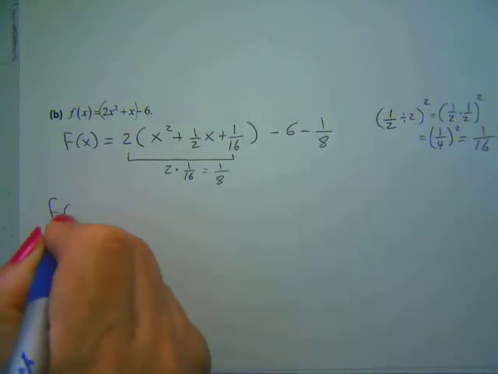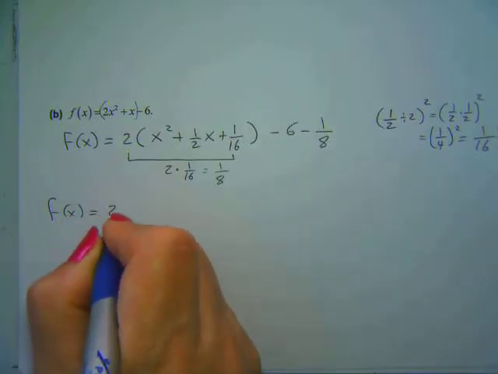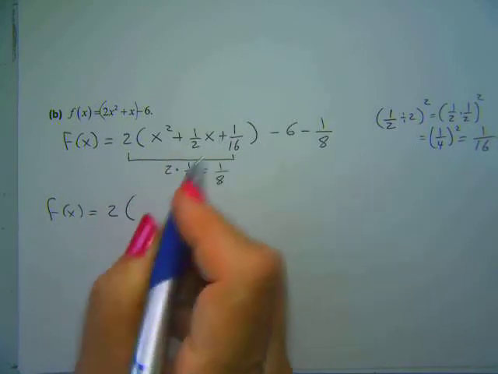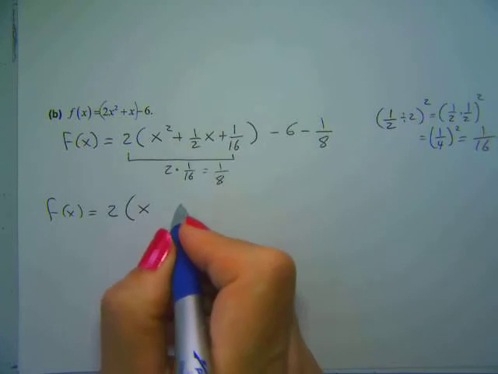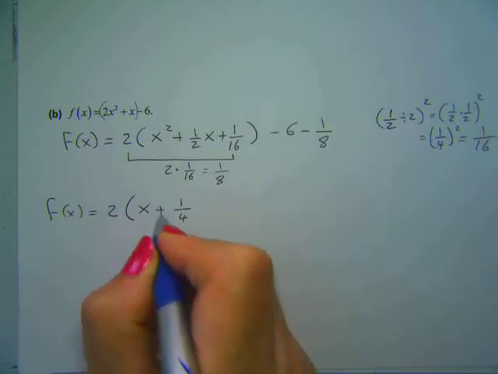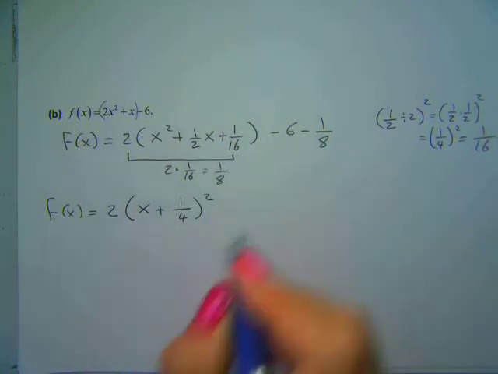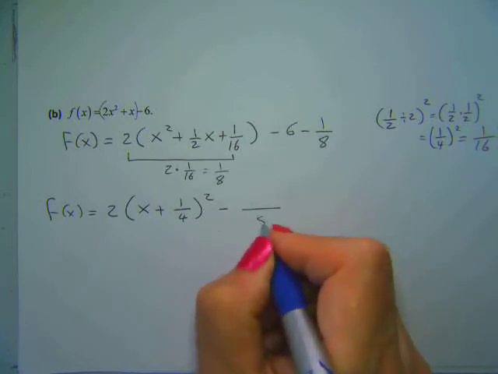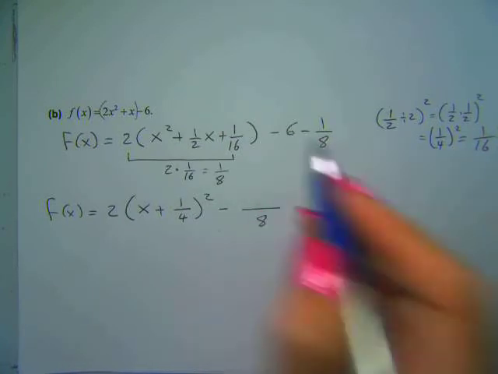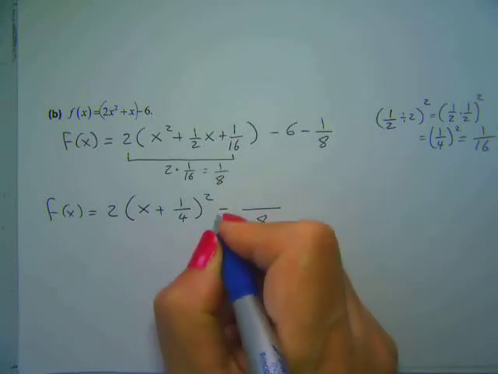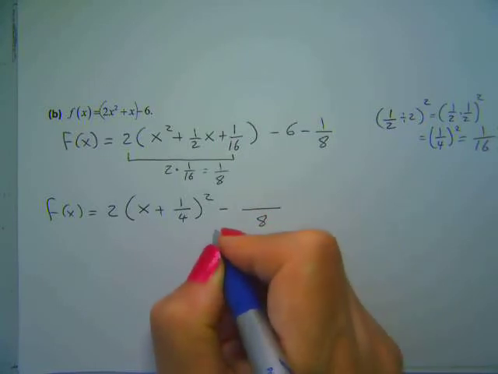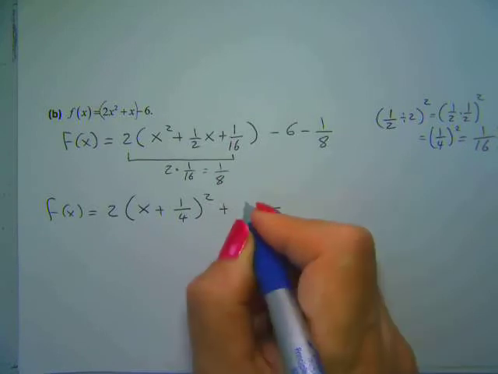So now let's see what we have. We have 2 outside. Completing the square, this is x, square root of the first, square root of the last, the sign of the middle squared, and minus, we need the common denominator, which is the 8. So multiply the 6 by 8. If I left the negative out, that's going to be a problem. So let me keep it positive here.